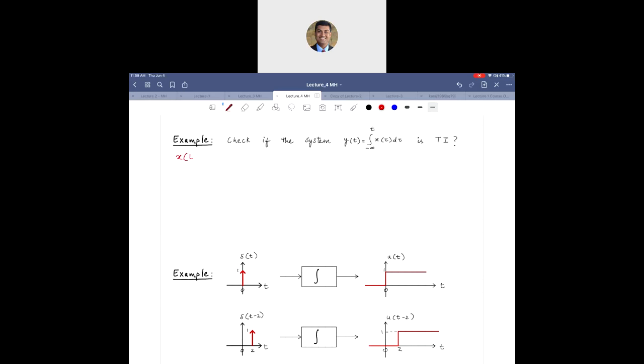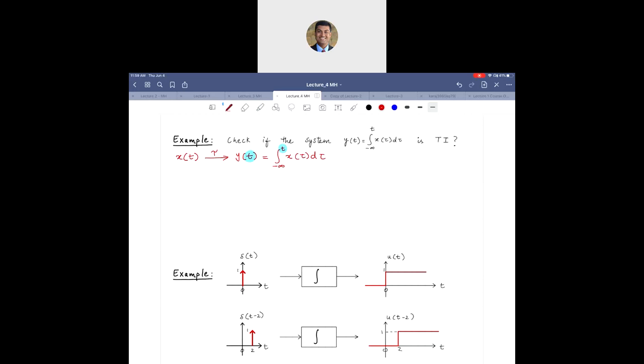x of t goes into the system, y of t, where y of t is the integration from negative infinity to t of x of tau d tau. Note that this t corresponds to that t.